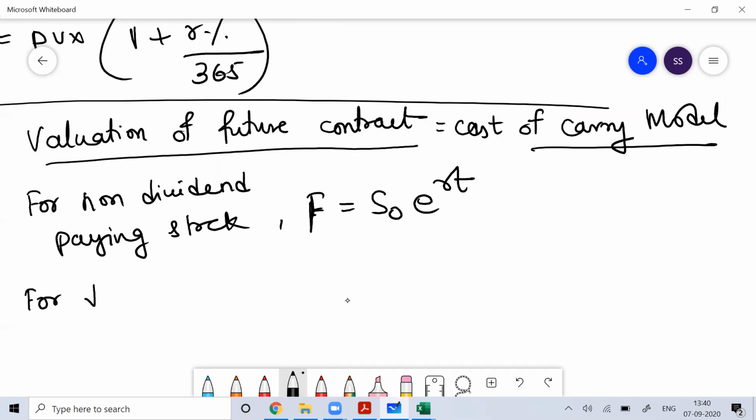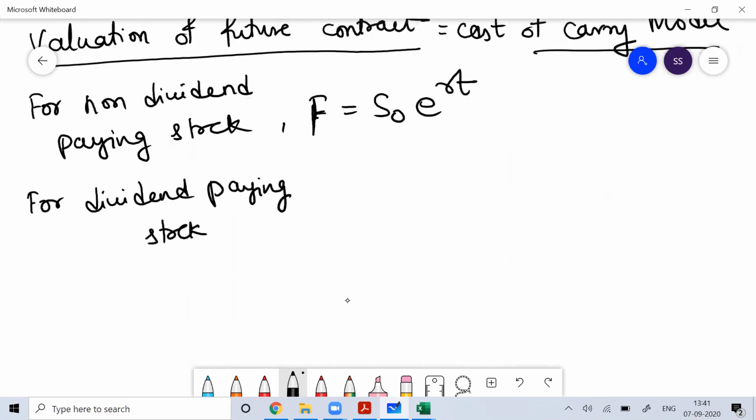Similarly, for a dividend paying stock, suppose a stock pays you a dividend, and suppose the total time of the contract, not the value, is T1.